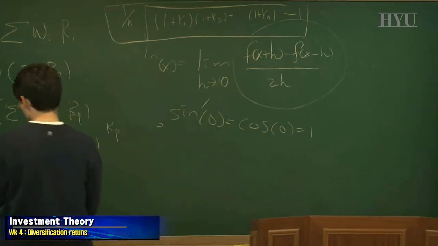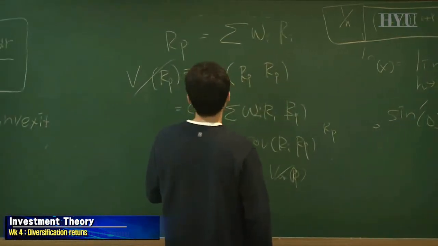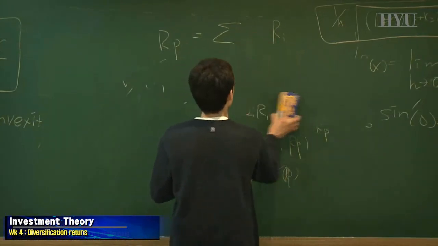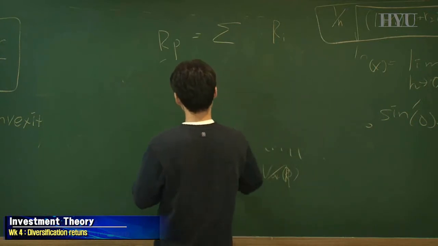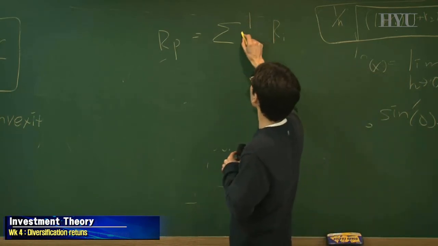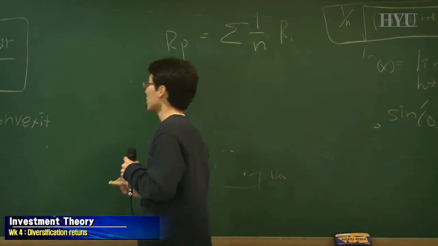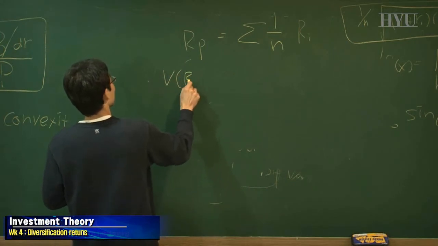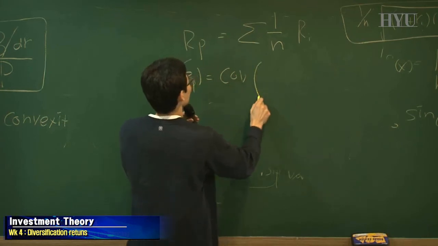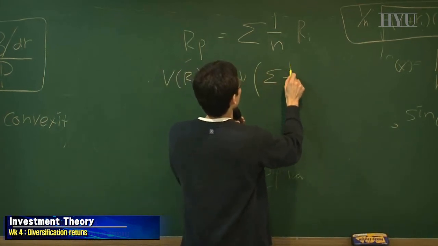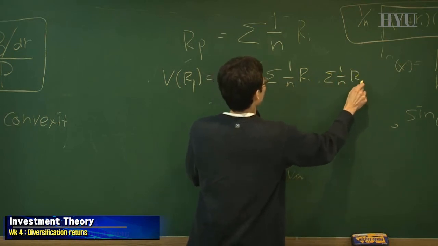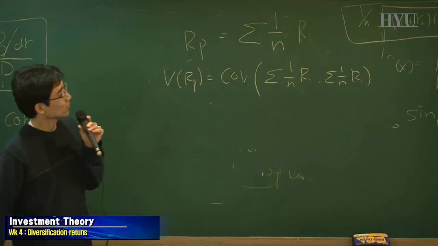So now we have 1/n here. So the variance of this one is basically the covariance with itself. Right, something like this.